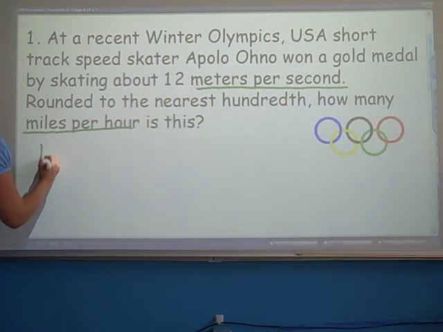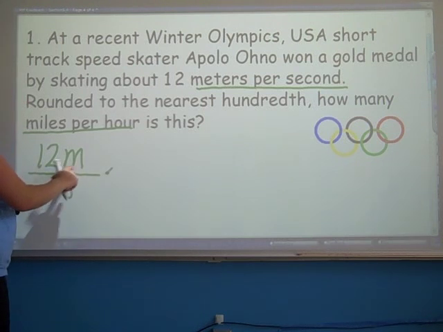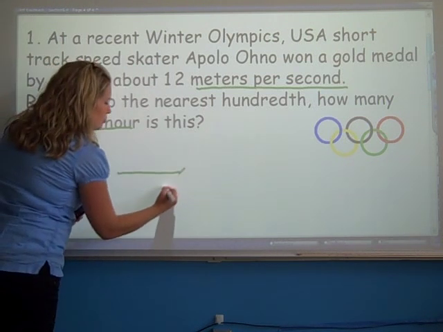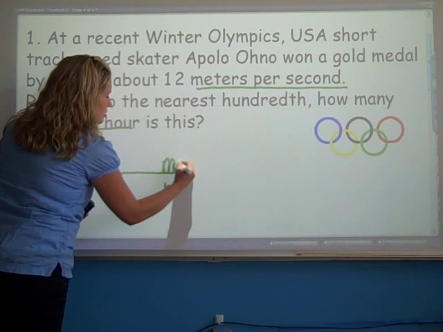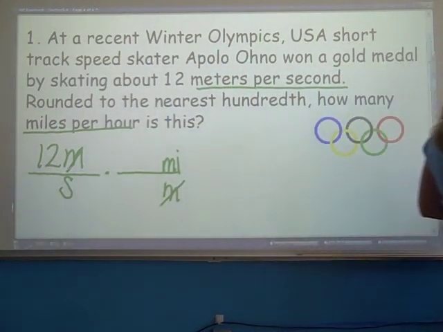So we're transferring meters per second to miles per hour. Okay, 12 meters per second. We need to get rid of meters. We want to change meters to miles. You go look on your conversion to get meters to miles. Let's see if we have that on here.